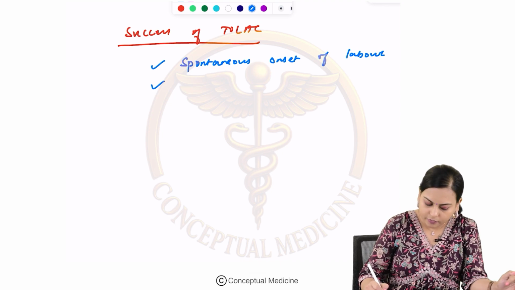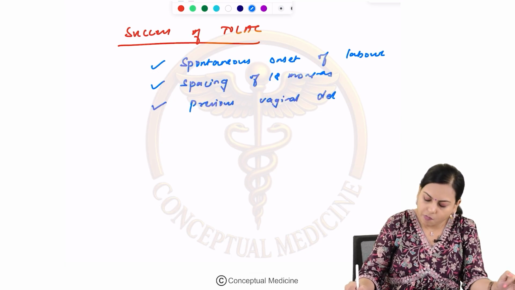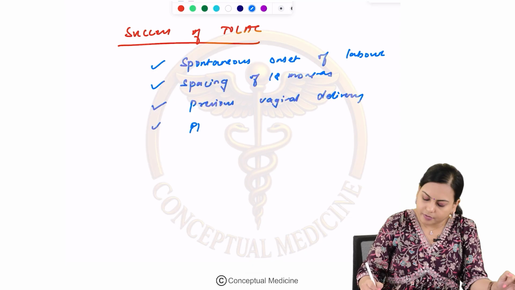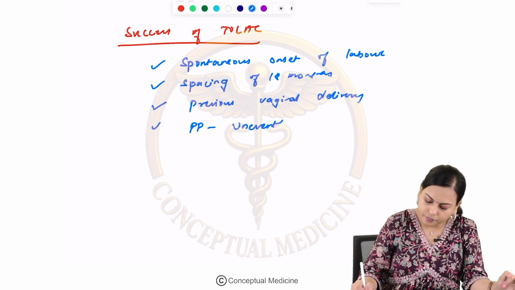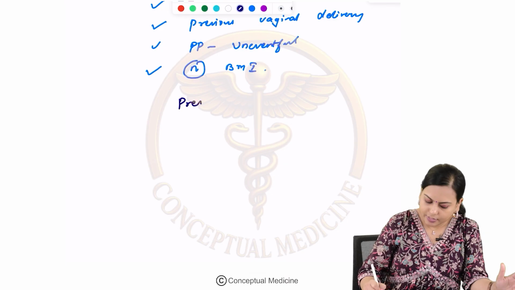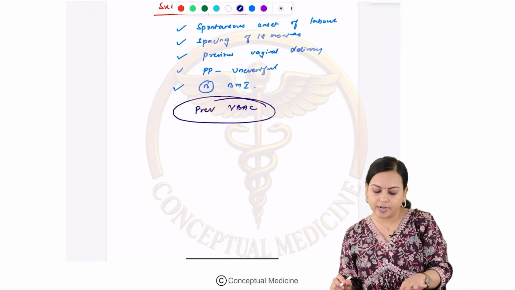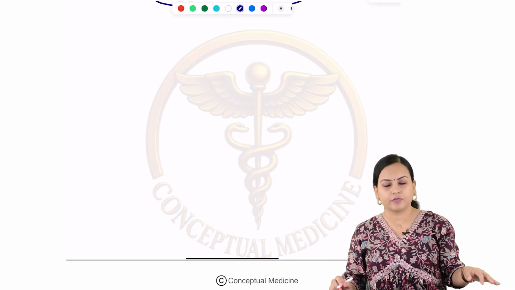Then a spacing of 18 months, a previous vaginal delivery, an uneventful postpartum period, and a normal BMI. Finally, if we summarize, the most successful indicator for TOLAC is a history of previous VBAC.